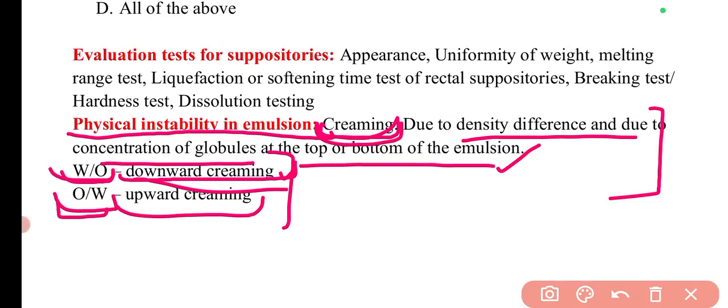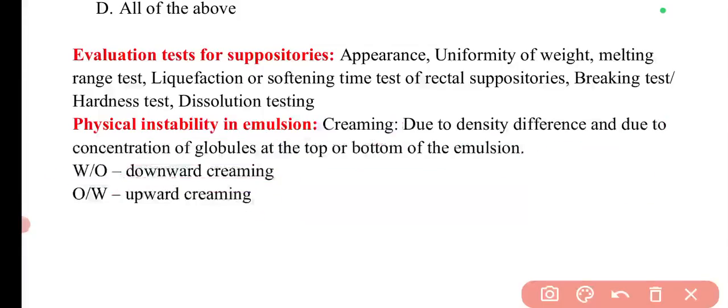If the oil is in lesser quantity, it will float on the water, so the creaming will be upward towards the oily surface. In water in oil, the oil is the continuous phase, in more quantity, distributed all over the container, so it will move downward. So these two points you can remember.